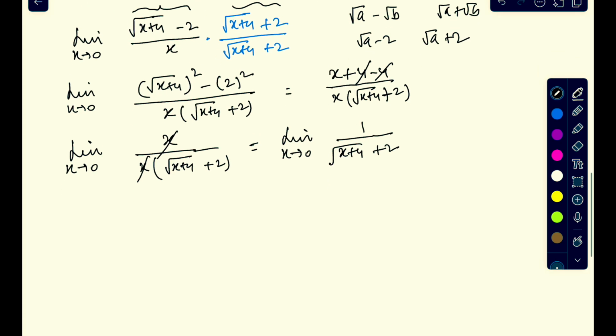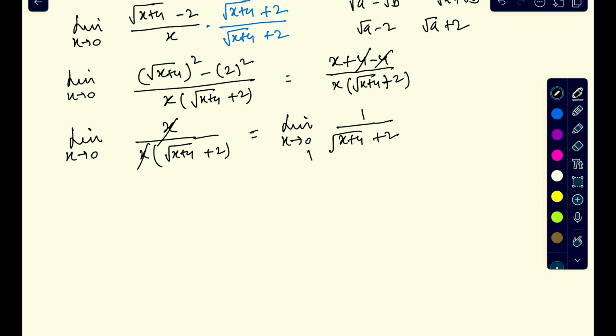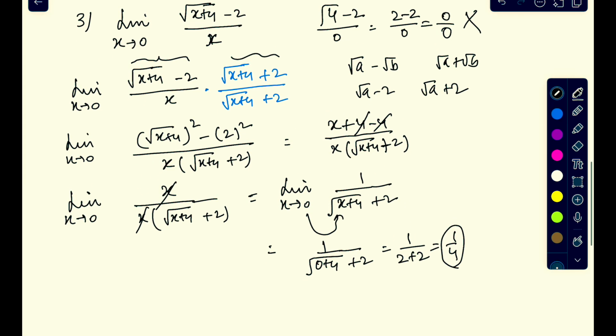Now we can substitute 0 for x. So we get 1 over the square root of 0 plus 4, plus 2, which is nothing but 1 over 2 plus 2 equals 1 over 4. So we used the rationalizing the numerator technique in this case to solve this question.